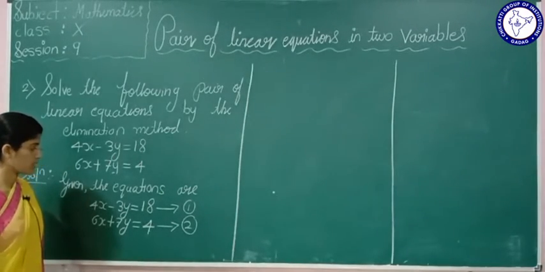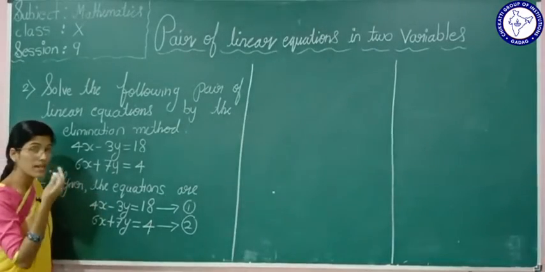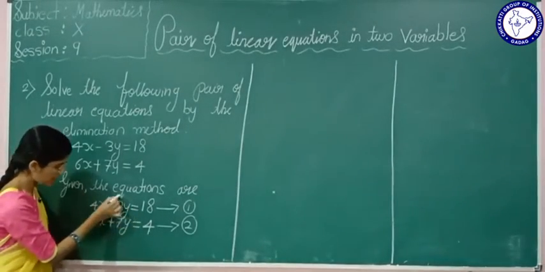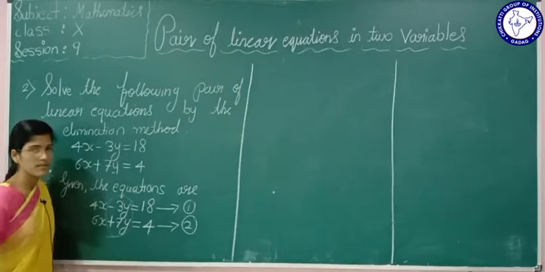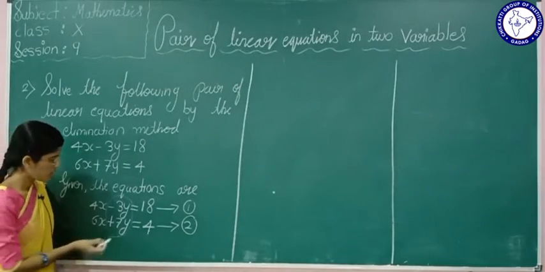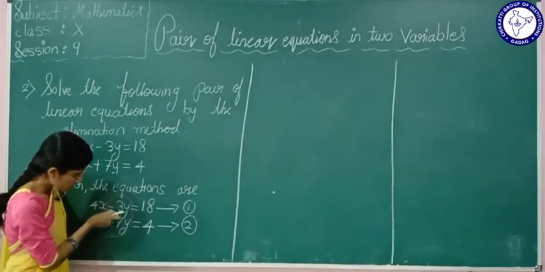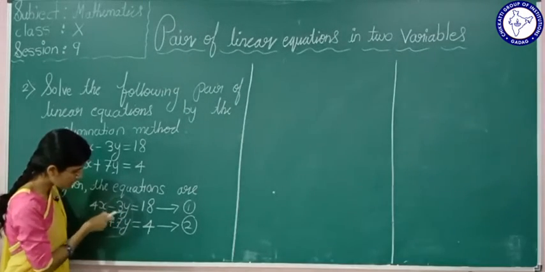Now see here students, just now we have eliminated x. Now we will eliminate y. Here 3 is there, here 7 is there. To eliminate y, the coefficients should be the same, but here they are not.